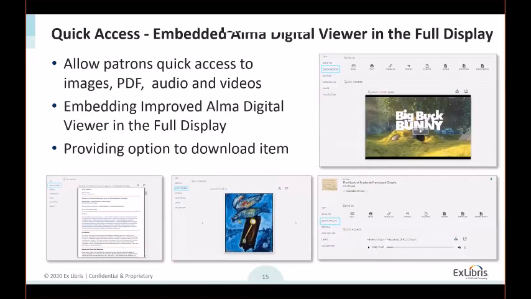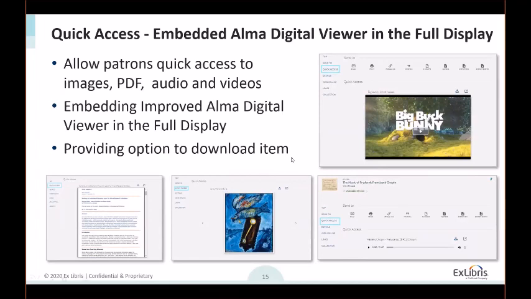Here is a quick access. In Primo VE, we have added an embedded Alma digital viewer in the full display. So users have quick access to digital materials like images, PDF, audio, and video, and it also provides the option to download the item.